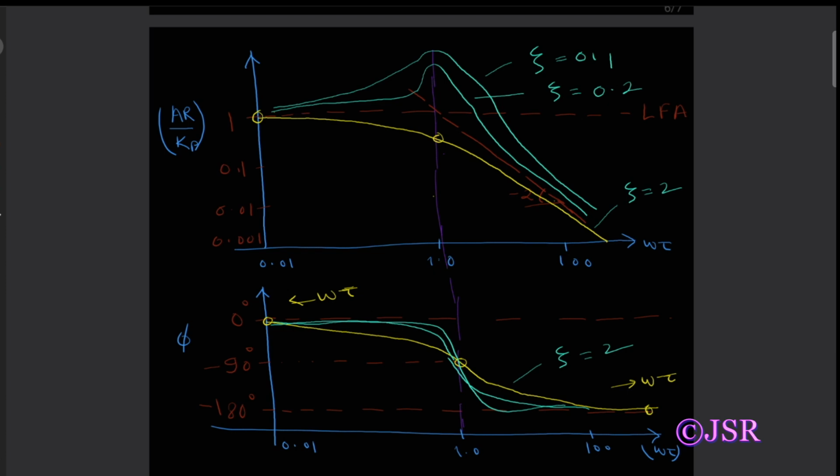So this way we can plot the Bode plot for the second order system, for the overdamped system as well as the underdamped system.